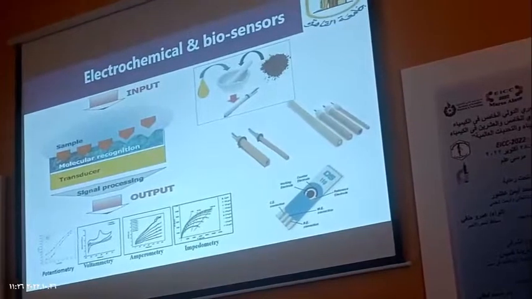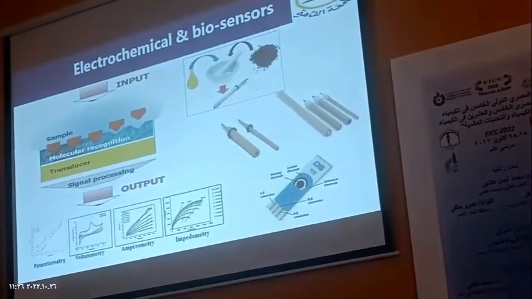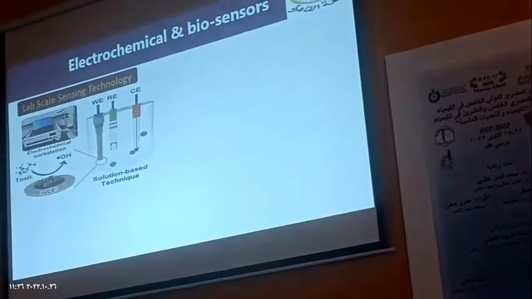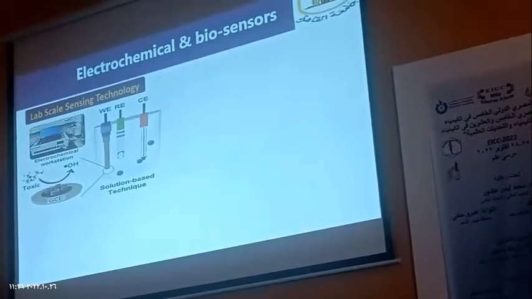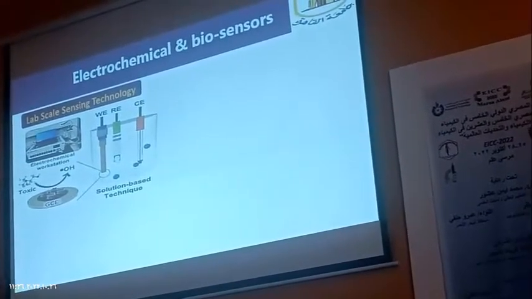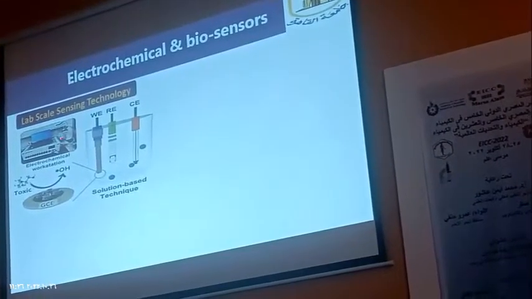To see the difference between regular electrodes and screen-printed electrodes: when you are doing a lab-scale experiment in the lab, you are using a huge instrument, like the size of the old computers, with a three-electrode system, and this instrument costs something like 1 million Egyptian pounds.